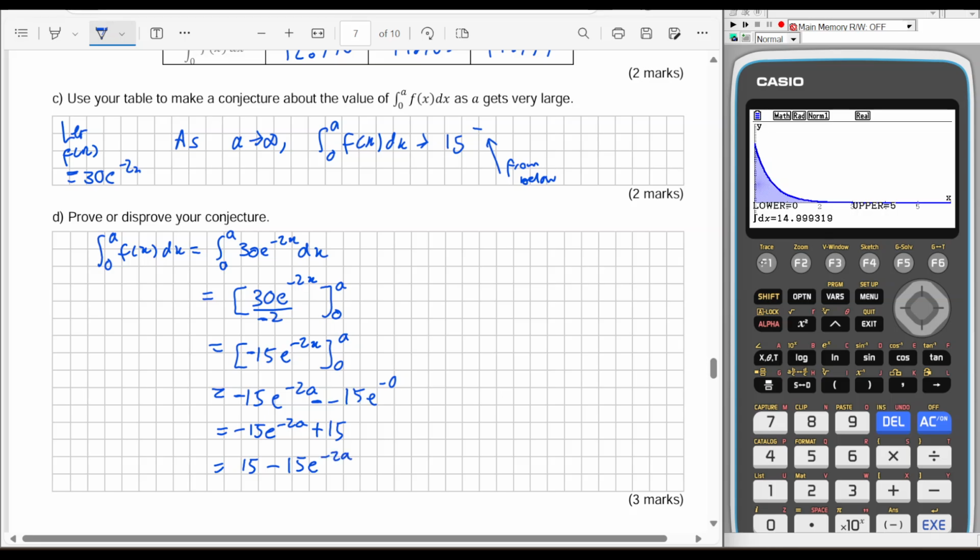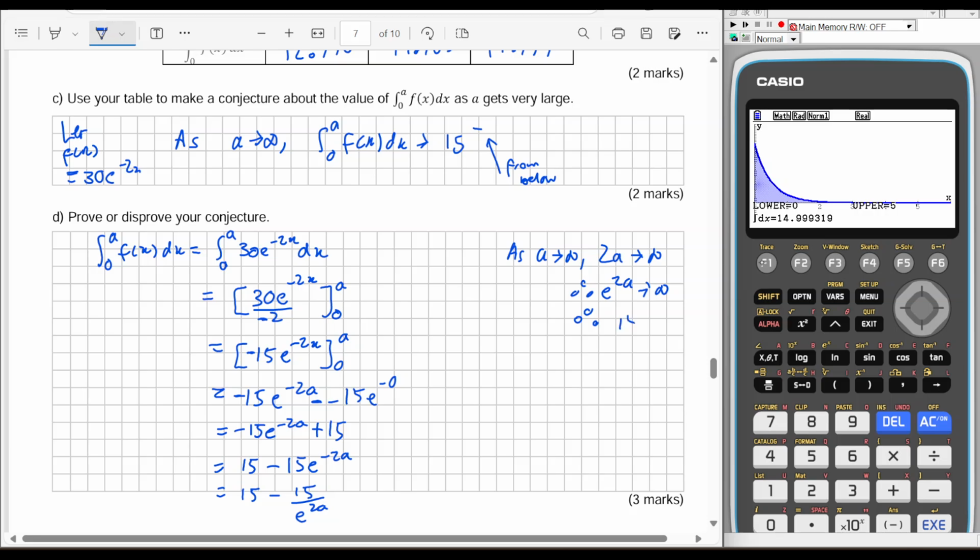Okay, now I need to think about it over here for a little bit. First of all, we could rewrite that as 15 take 15 over e to the 2a if we want. So as a goes to infinity, 2a will also go to infinity. Therefore, e to the 2a will go to infinity.